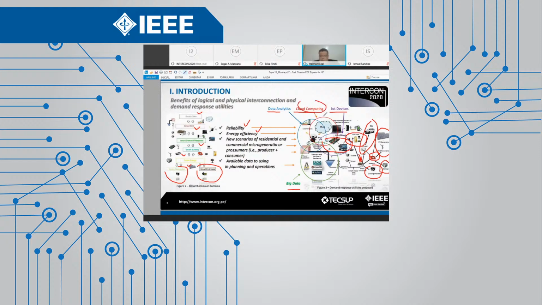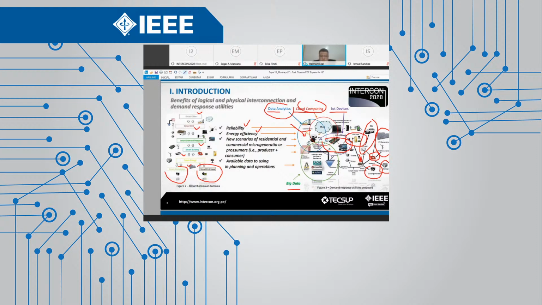With this data we can apply data analytics and obtain load shapes, and these load shapes can be sent to distribution operation centers. With this data and analysis, the system operator can use big data techniques for planning the microgrid of the smart grid.